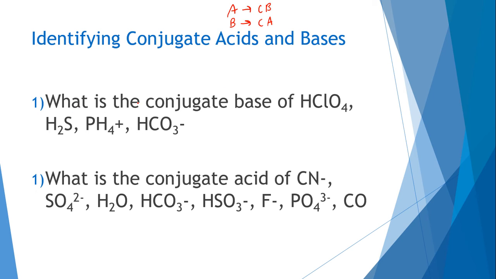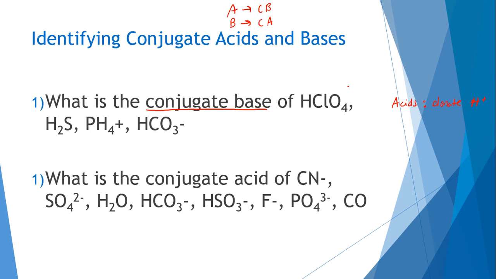So here it's asking, what is a conjugate base? If you were given HClO4. Well, if I'm finding my conjugate base, that means everything over here are acids. And so acids, if we look at our definition, love to donate protons.